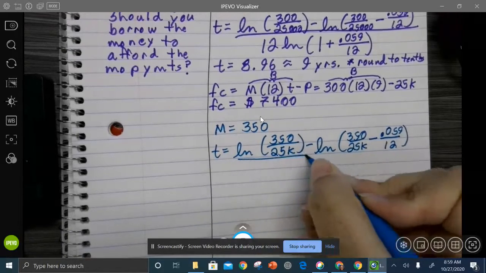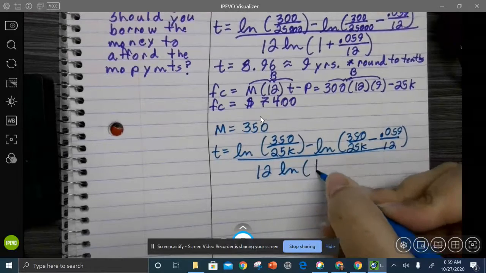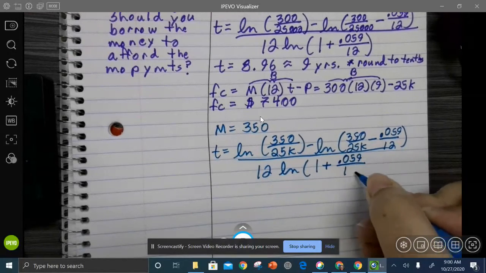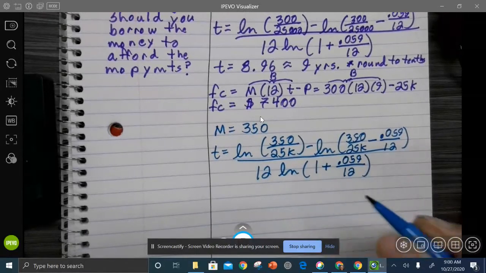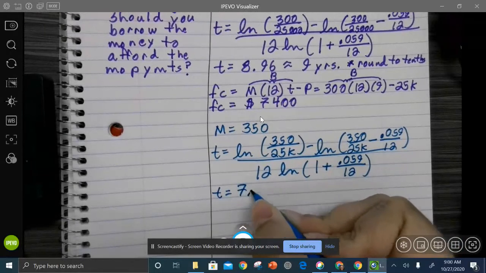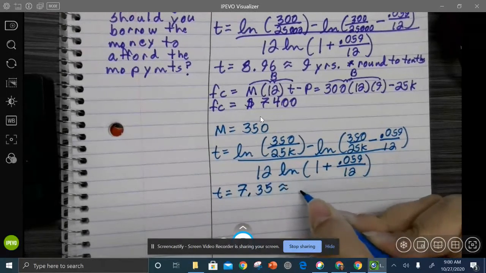The loan amount is the same. We're just increasing the monthly payment, so now it's 1 plus 0.059, so the rate as a decimal divided by 12. Okay, so now we get the time is 7.6, so about 7 years.